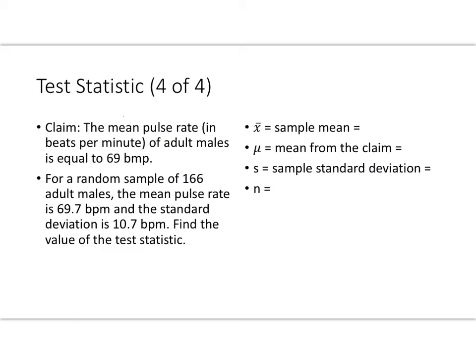Here we have a claim with a mean. The mean pulse rate in beats per minute of adult males is equal to 69 beats per minute. For a random sample of 166 adult males, the mean pulse rate is 69.7 beats per minute, and the standard deviation is 10.7 beats per minute. We're going to find the value of the test statistic. This is a mean problem, so you're going to see x bar and mu here.